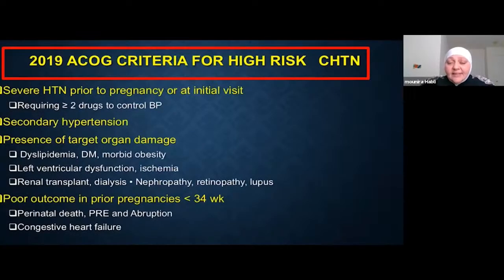The criteria for high risk are severe hypertension prior to pregnancy or at the first prenatal visit, requiring 2 or more drugs to control blood pressure, secondary hypertension, or target organ damage such as dyslipidemia, diabetes, morbid obesity, or cardiac disease such as left ventricular dysfunction and ischemia. Also dialysis or any renal disease or retinopathy, or poor outcome in a prior pregnancy, less than 34 weeks, such as perinatal death, severe preeclampsia, abruption, congestive heart failure, or peripartum cardiomyopathy.